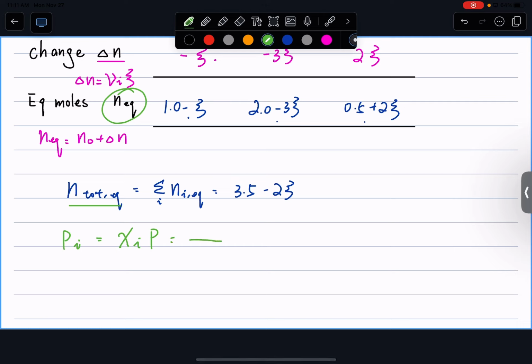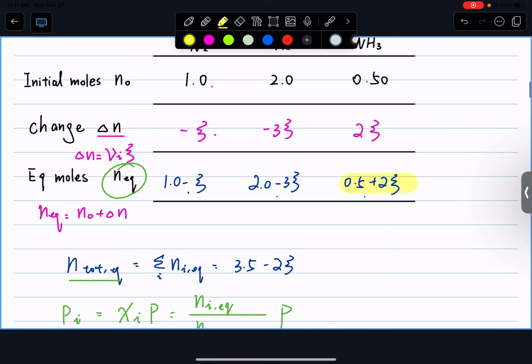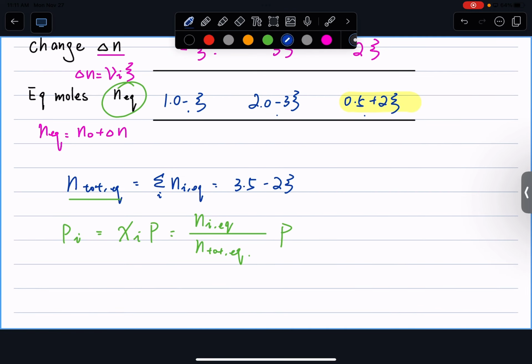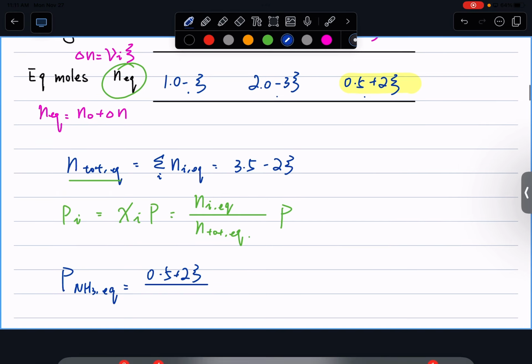And for whatever species you're interested in, you have N_i equilibrium divided by N total equilibrium times P. Right, so for example, if we care about ammonia, the partial pressure for ammonia at equilibrium will be 0.5 plus 2 xi divided by N total, which is 3.5 minus 2 xi, times P. All right.